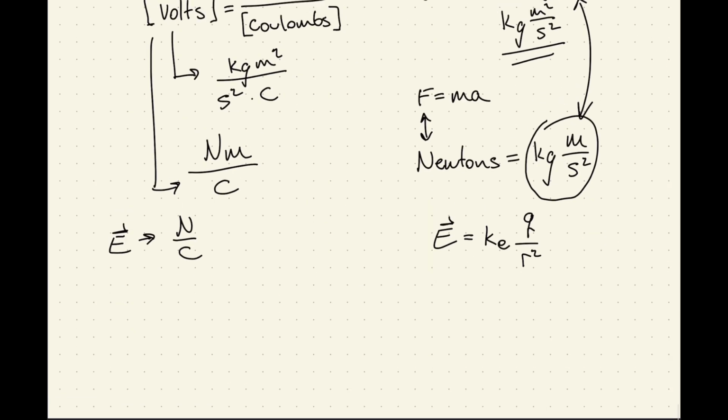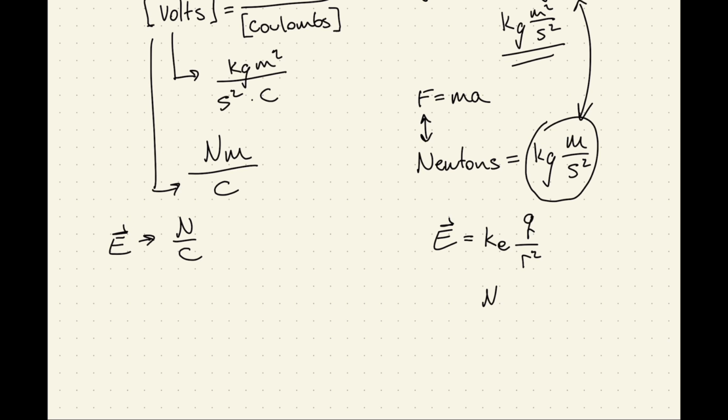The units of k_e are newton meters squared per coulomb squared. You can check this in a book, or the back of the book. In the top we have coulombs, in the bottom we have r squared, which is meters squared. So I'm trying to calculate the units for the electric field here. Coulombs and coulombs cancel, meters and meters cancel. So the electric field in the first chapter normally had units of newtons per coulomb.